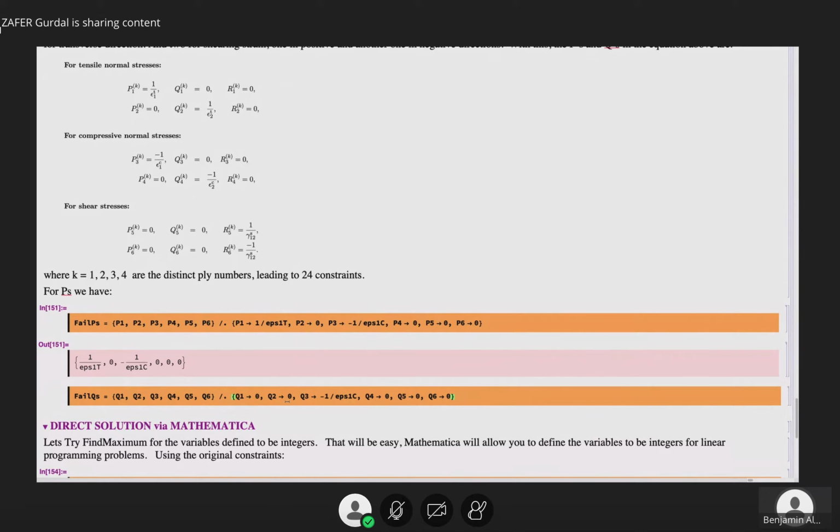Q2 will be epsilon 2 tension. Q3 will be 0. Q4 will be epsilon 2 compression with a minus 1. And Q5 and Q6 are 0.